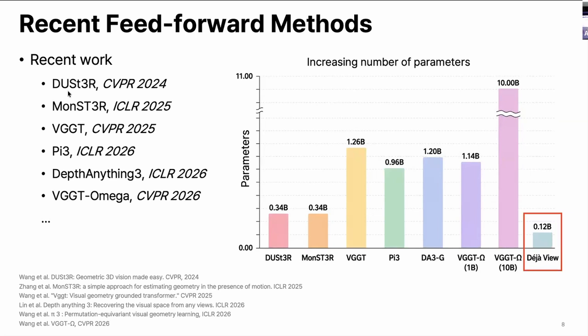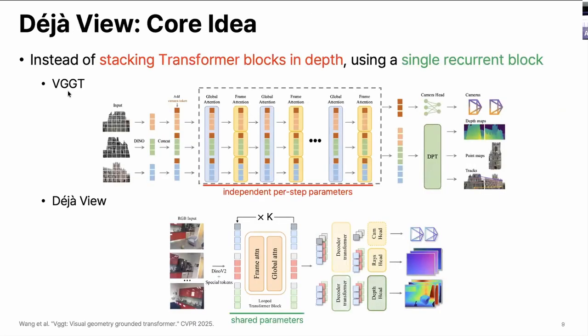Déjà started from this observation and suggested a resource-efficient model architecture using a very small number of parameters compared to previous methods, while maintaining the performance. This is the core idea of the paper. In VGGT, a large number of transformer blocks have their own parameters.